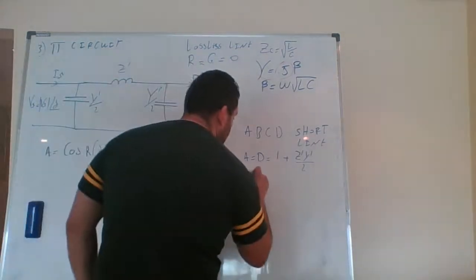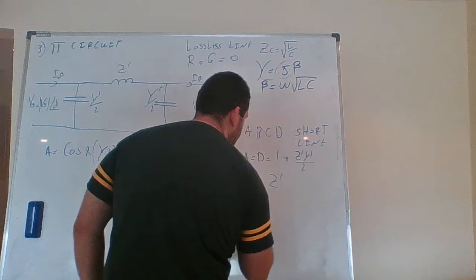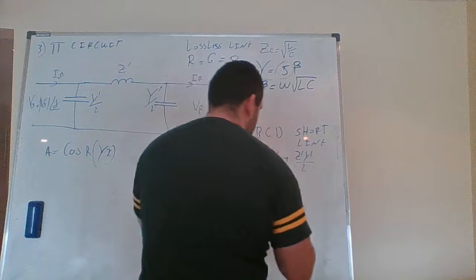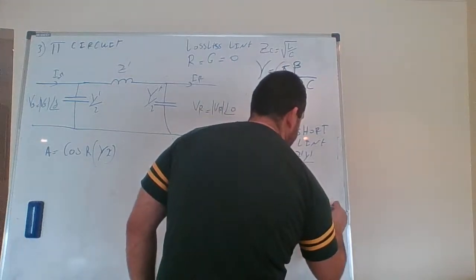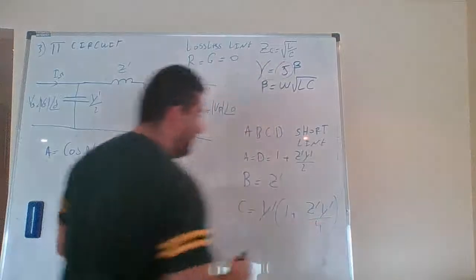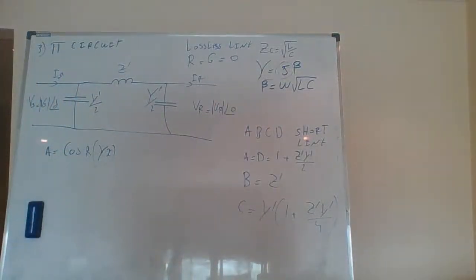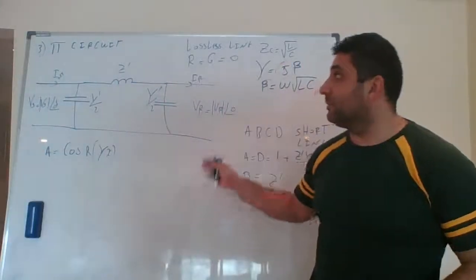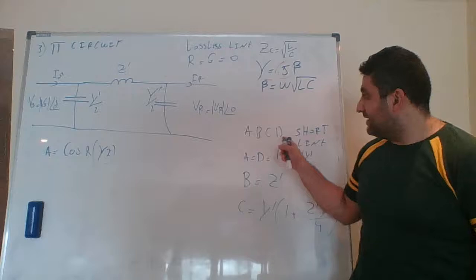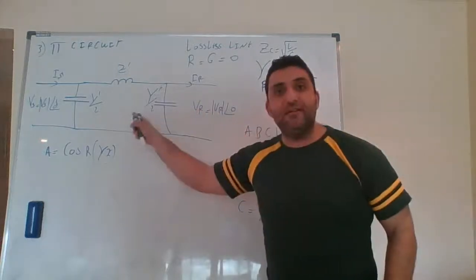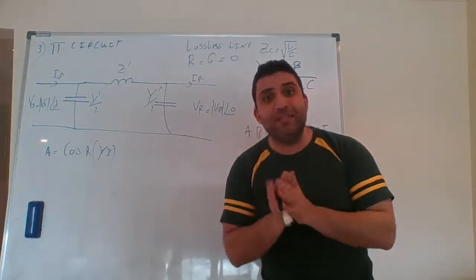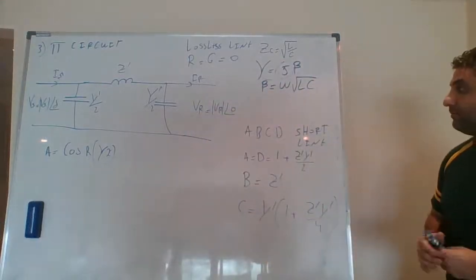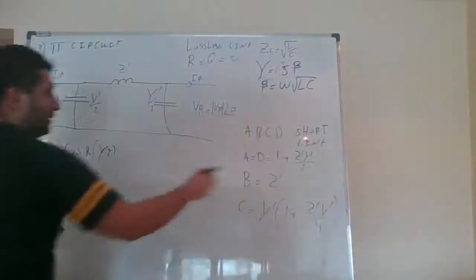Then B is equal to Z dash, and C is equal to Y dash times 1 plus. Please, guys, go back to the video titled Medium Transmission Line Analysis. These values are obtained based on our previous lecture for medium transmission line performance. Perfect. Hold on a second.